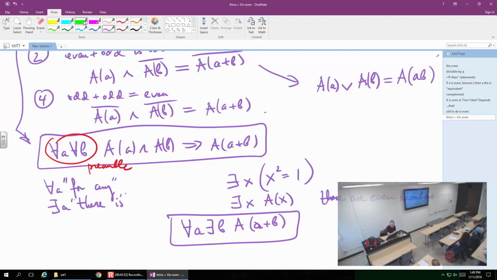So once again, this is the preamble. You saw this preamble in Calculus 1, remember?